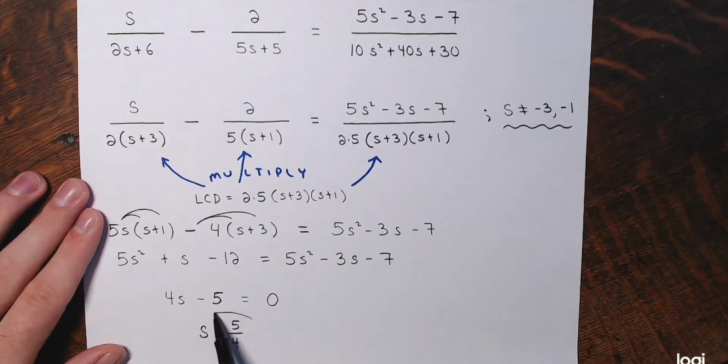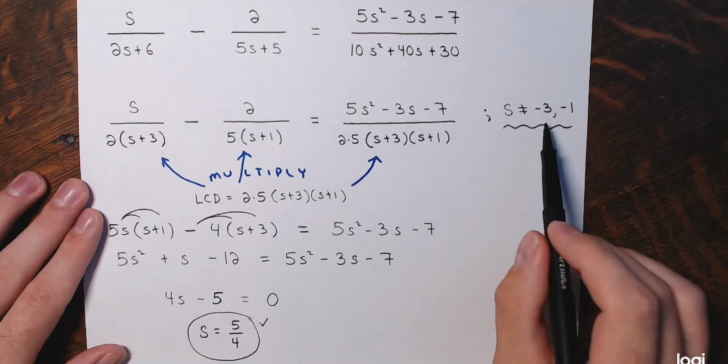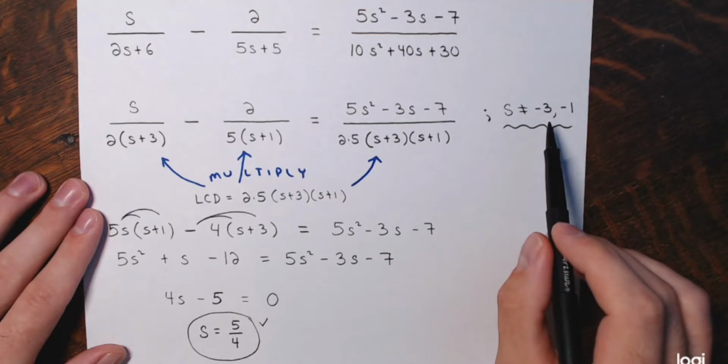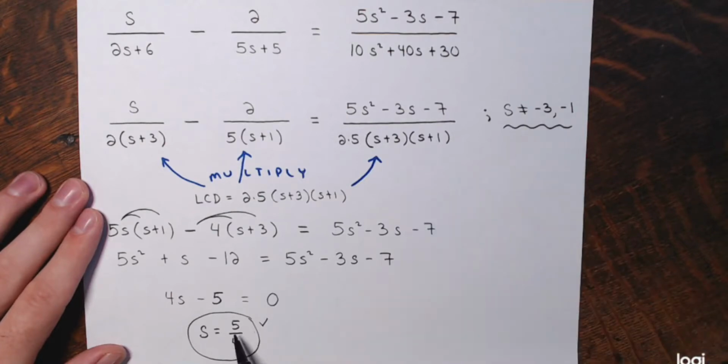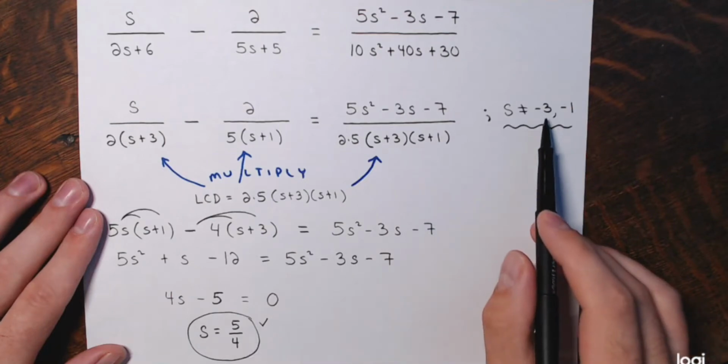And don't forget to check it. Now, as I was saying earlier in the first question, if you know for a fact that you did everything correctly, as long as these values you're finding aren't the unallowable values, they should work. So 5/4, that's not negative 3 or negative 1.